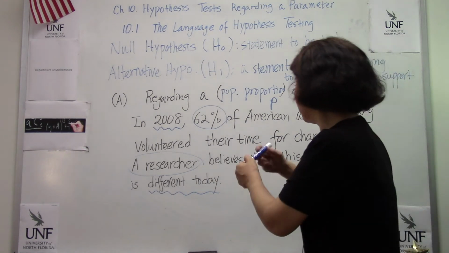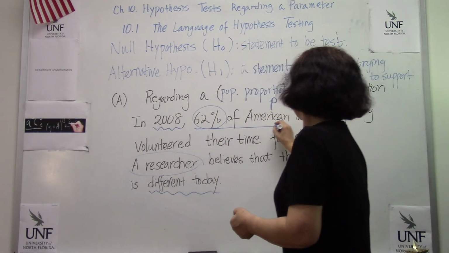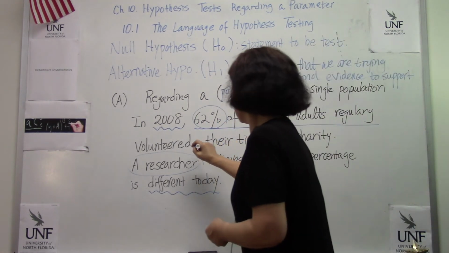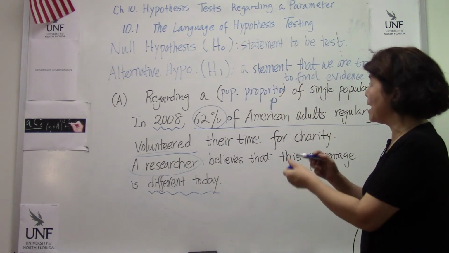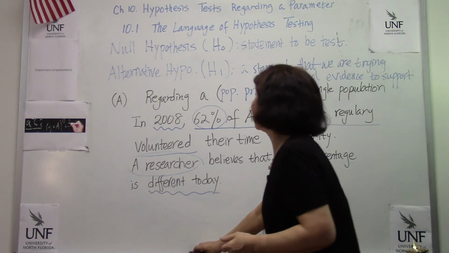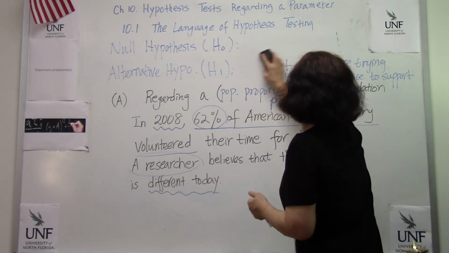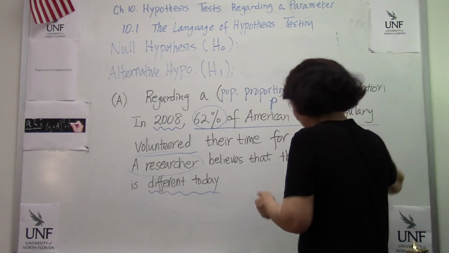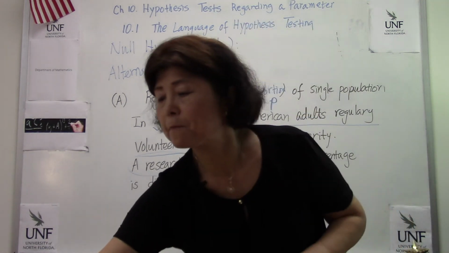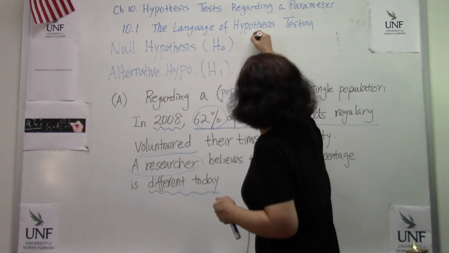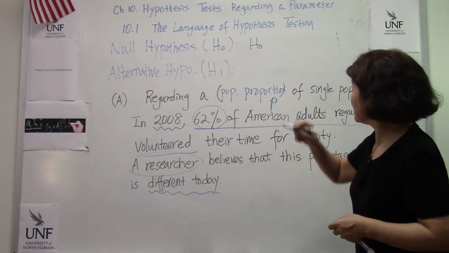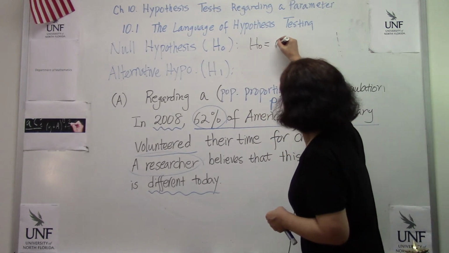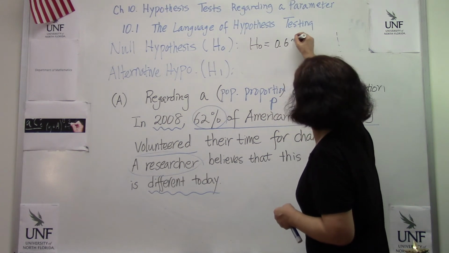So that is this: 62% of American adults would regularly volunteer. So this one will be tested. Okay. So in this case, what is it? This one is going to be H naught. This is about population proportion, isn't it? So that is just 0.62.